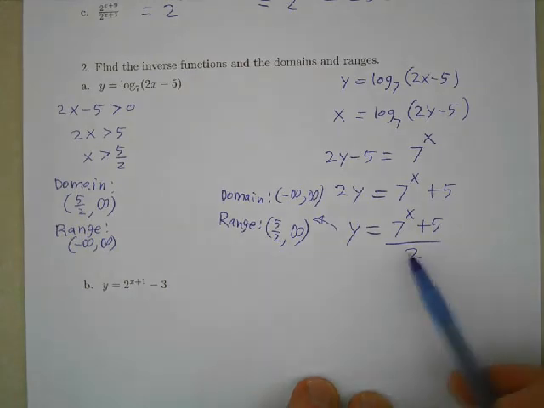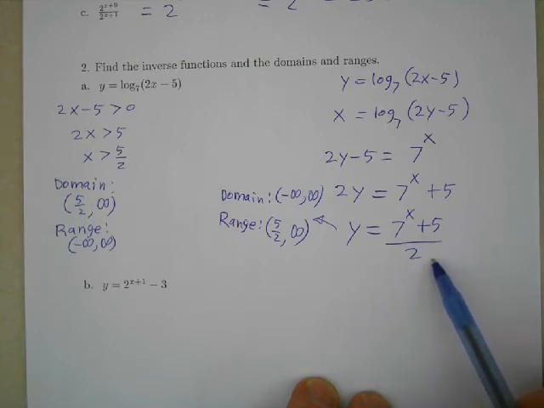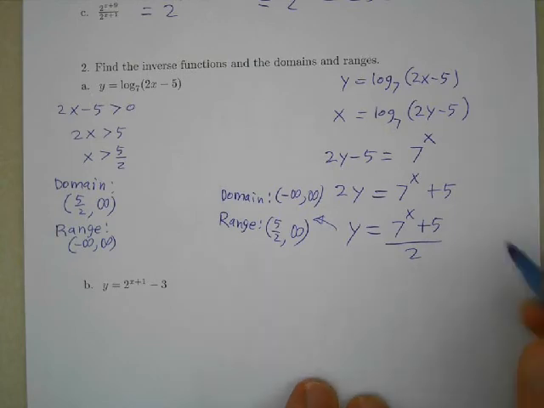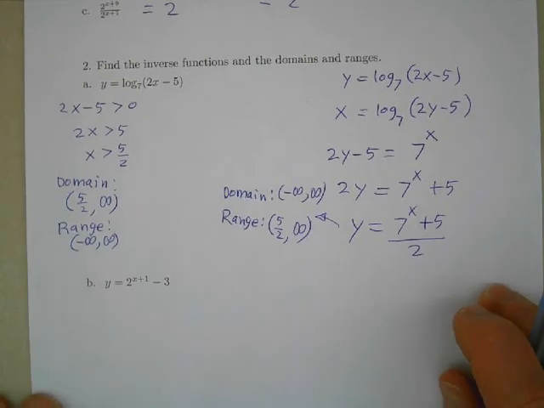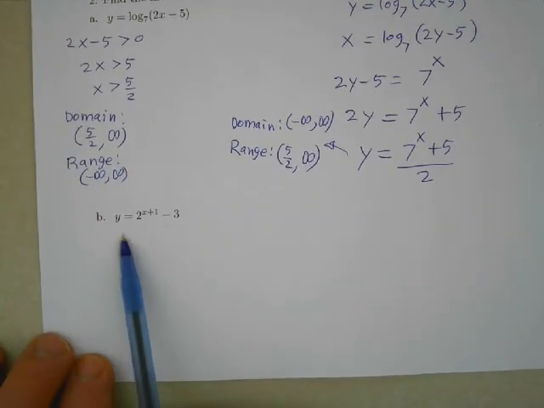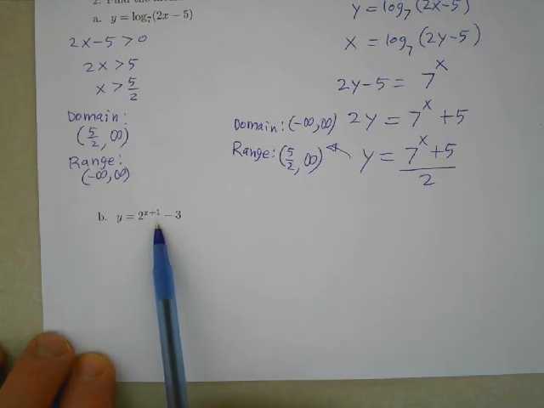Okay, so we know that because we can identify what the horizontal asymptote is. It's y equals 5/2.